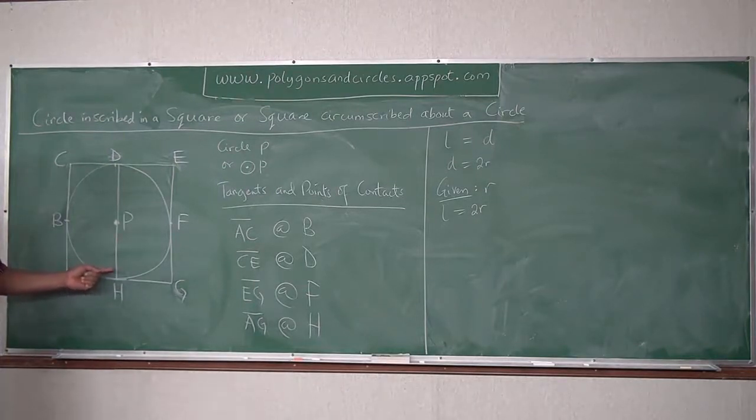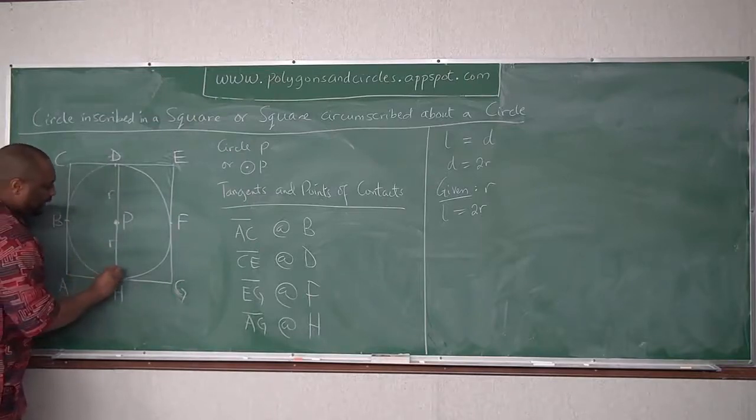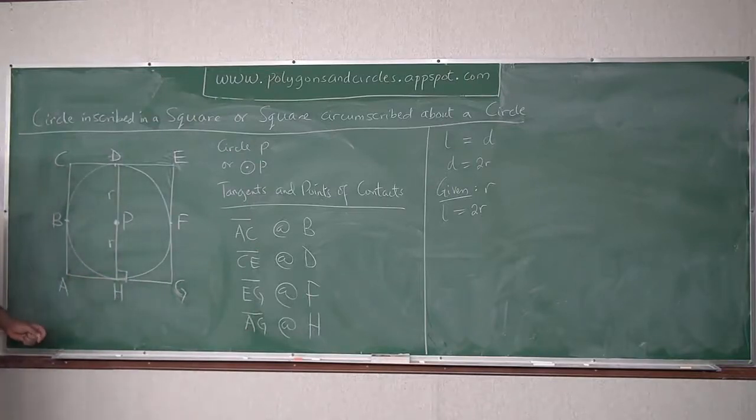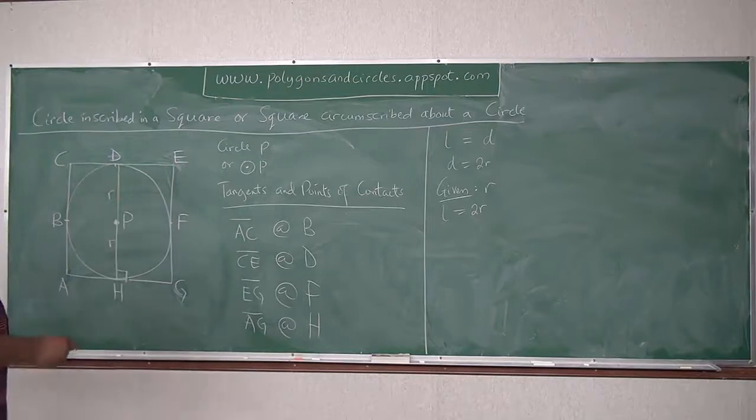And of course, we see one of the circle theorems. This is the radius, this is the radius. The radius is perpendicular to the tangent at the point of contact.